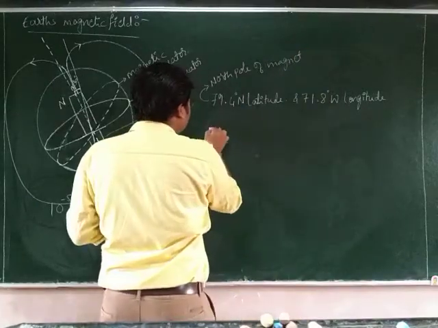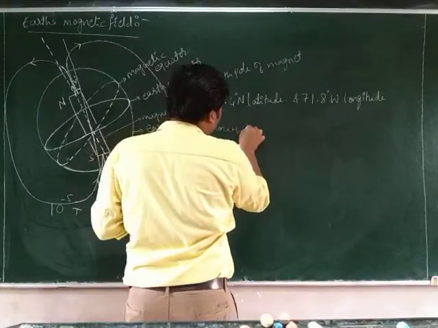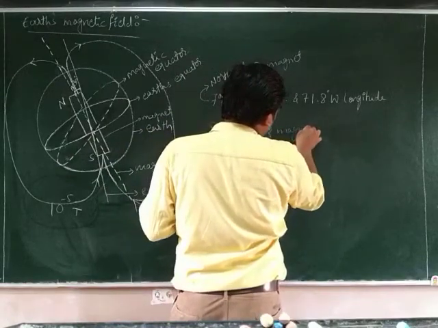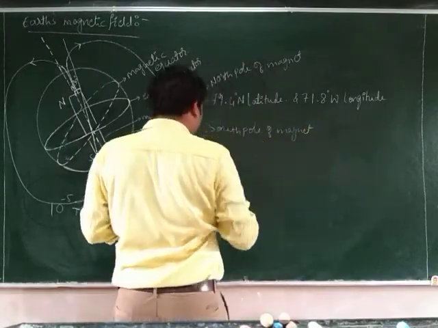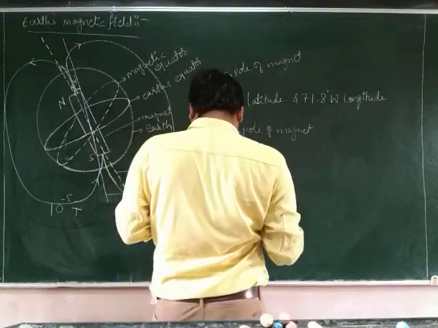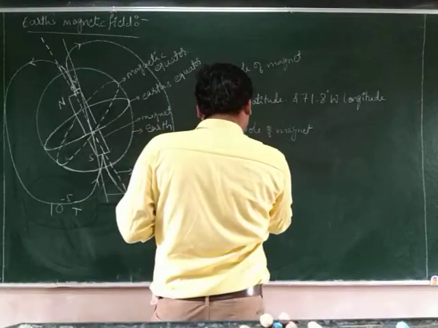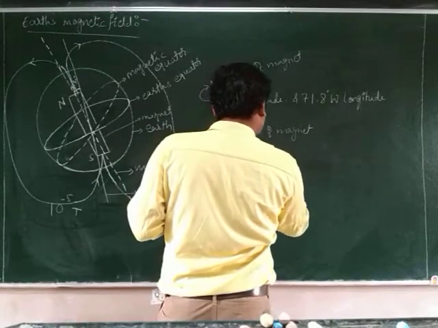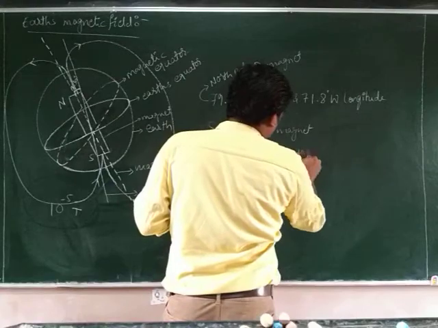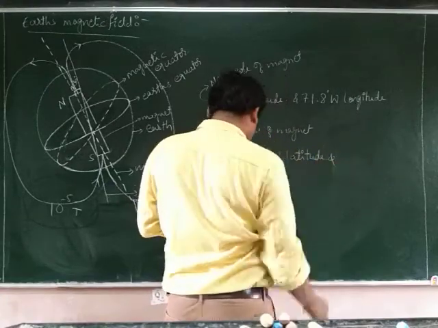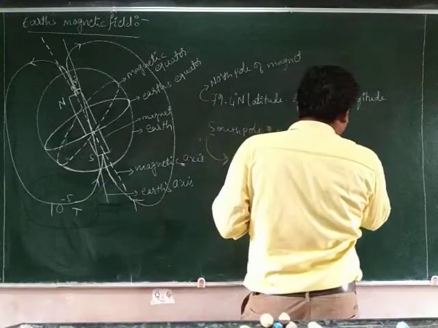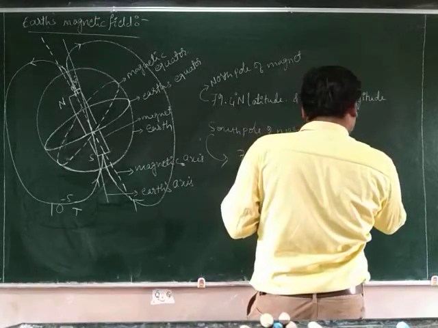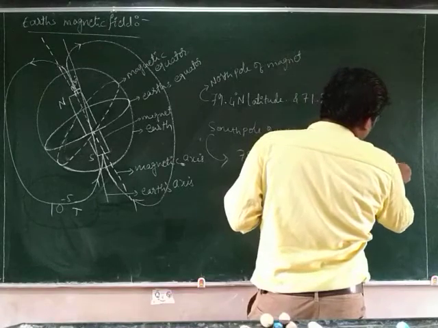Then the south pole of the bar magnet, which we find exactly at 79.74 degree south latitude and 108.22 degree east longitude.